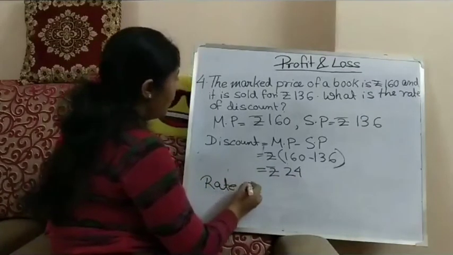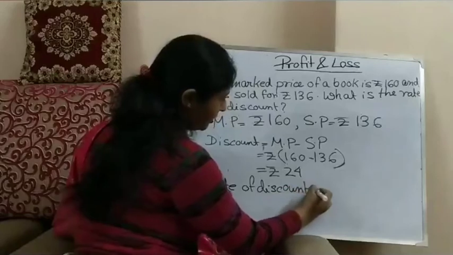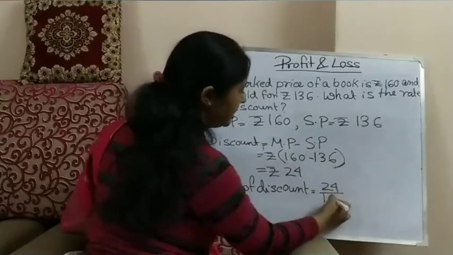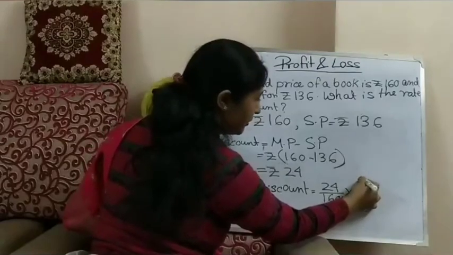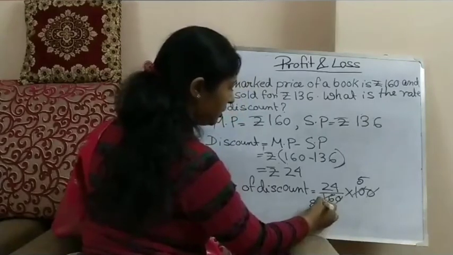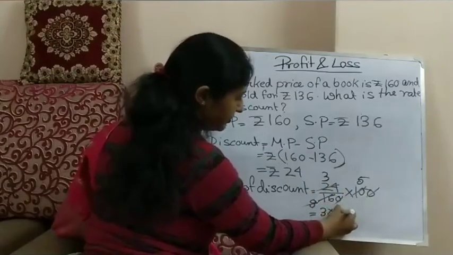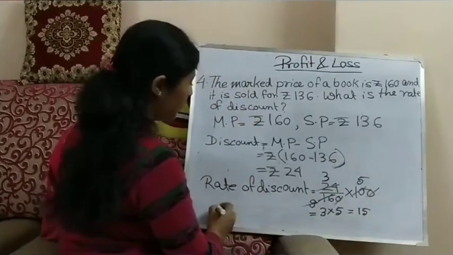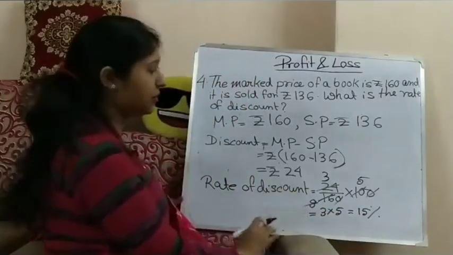Now our rate of discount is discount by our MP, 160, into 100. So we got our rate of discount, it is 15%.